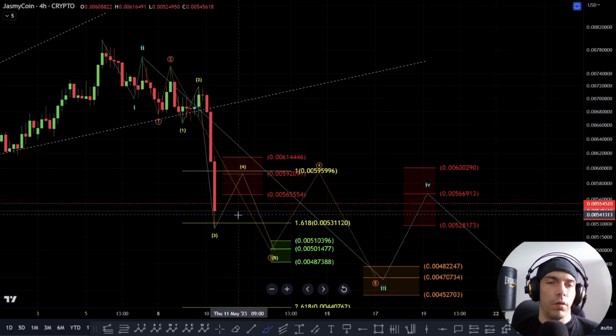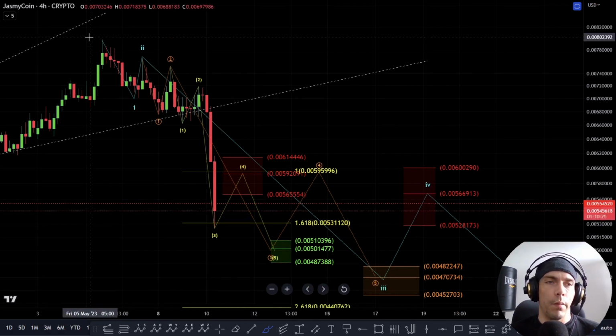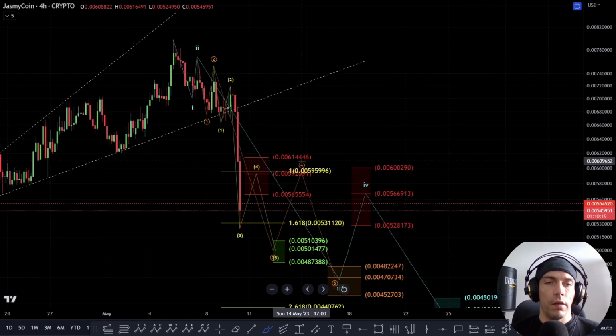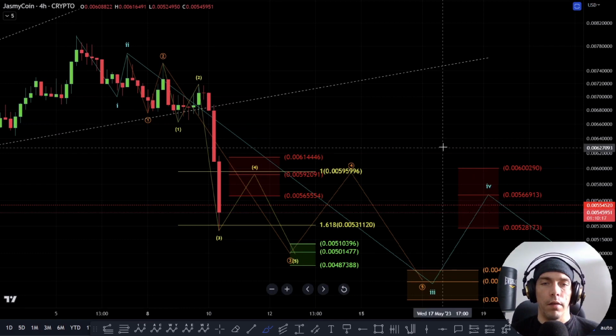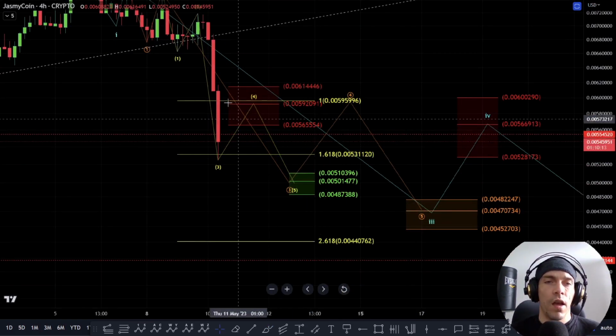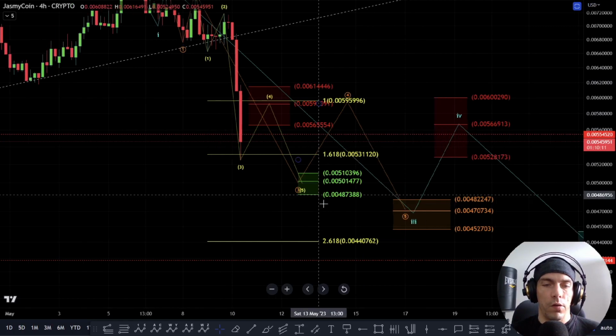And ideally, what we want to see is a direct move back up past these levels, past this high here of this 79812. As long as we remain below that, and as long as we remain below the 614446, I would be anticipating continuation.